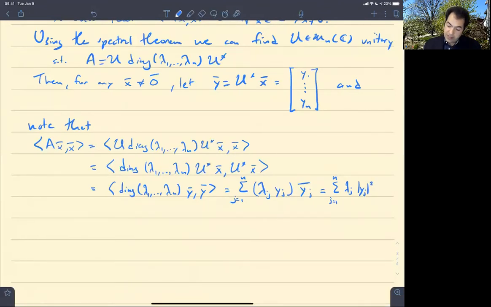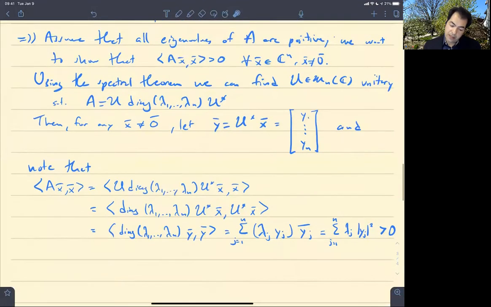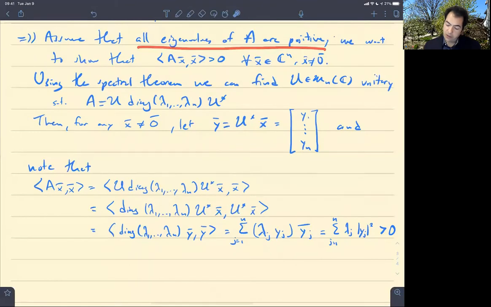And now we notice that that is strictly positive because our assumption is that all of the eigenvalues of A are positive, and the moduli of yj, well, I don't know if they're all strictly positive, but because y is not 0, at least one of them is strictly positive, and so then this sum is strictly positive. Right? So that proves the second direction, and that establishes the theorem.